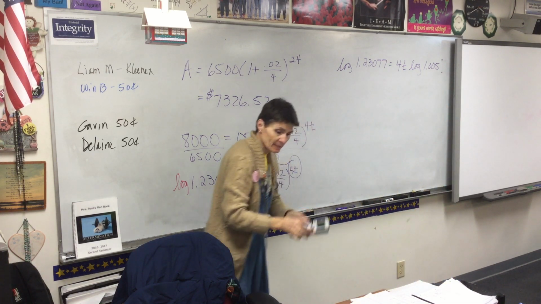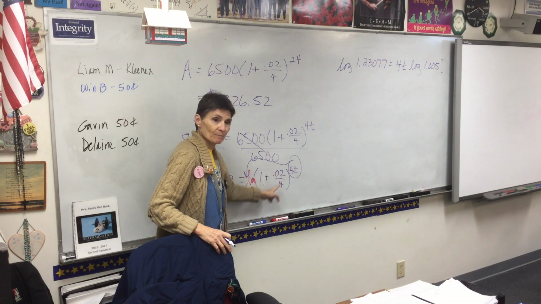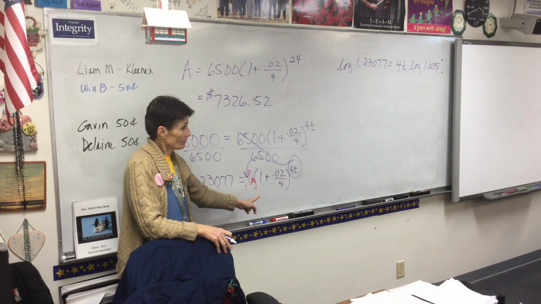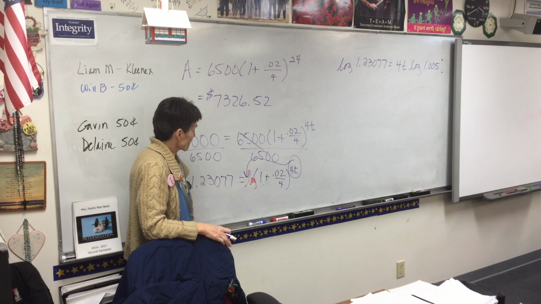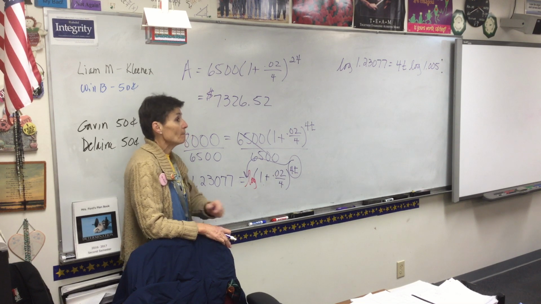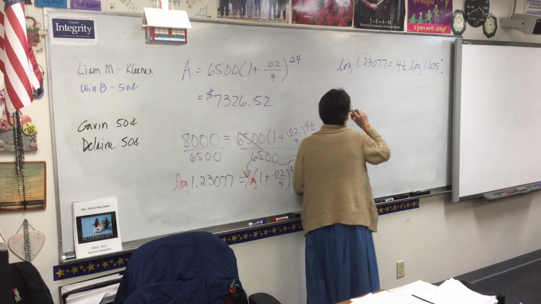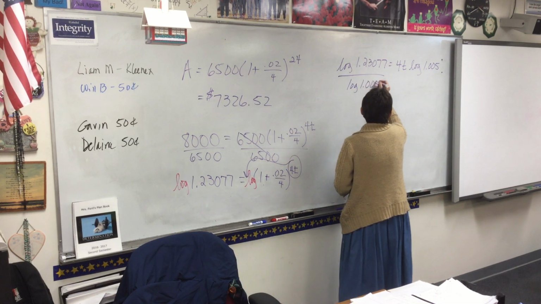Now, did I lose anybody in that? Everybody see what I did? I don't want to keep rewriting this, so I'm just going to go ahead and figure out what it is. Could have done that at the beginning if you wanted to. Now what? What am I dividing by? Log 1.005. Yes.